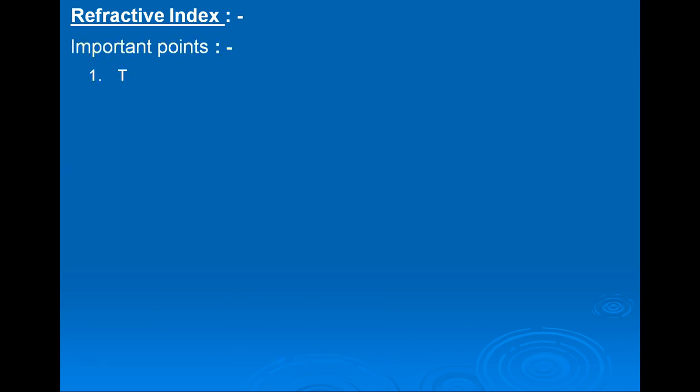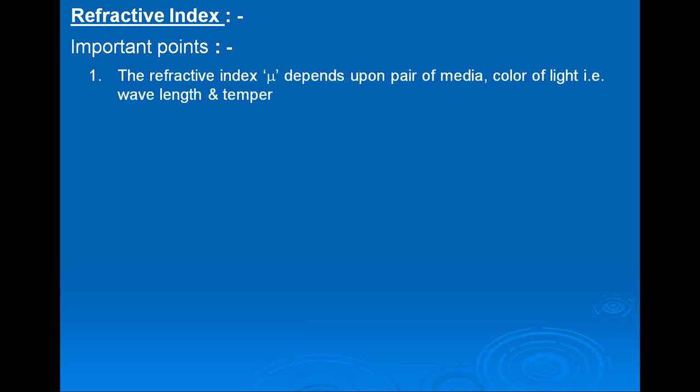Now, important points. First, the refractive index mu depends upon the pair of media, that is, it depends upon the two media in which the ray of light enters from one medium to the other, and the color of light, that is the wavelength of light, and temperature.